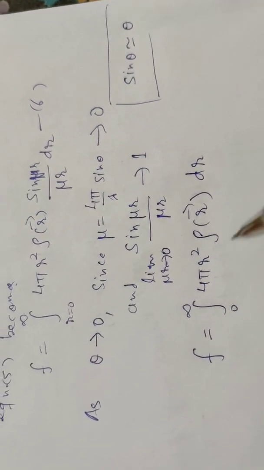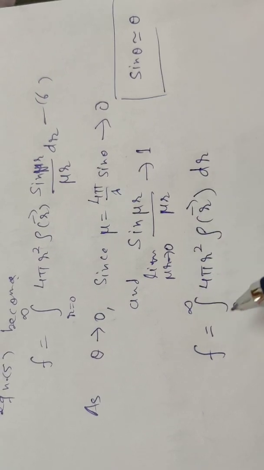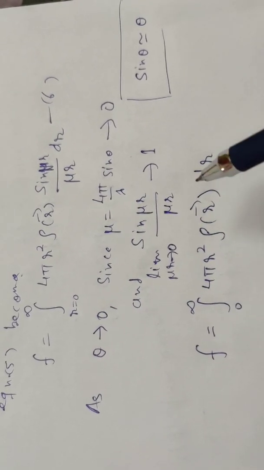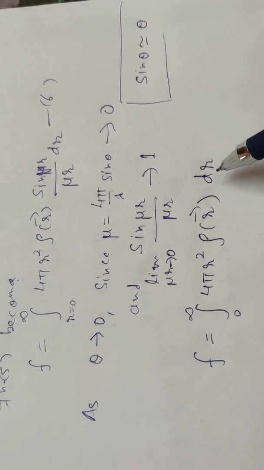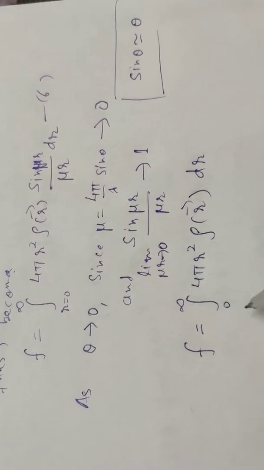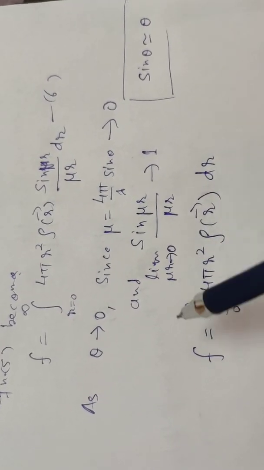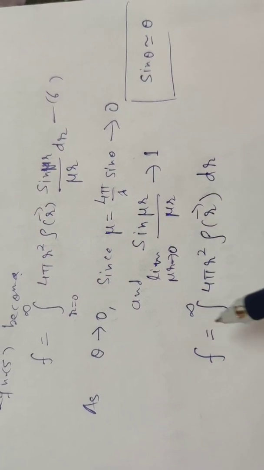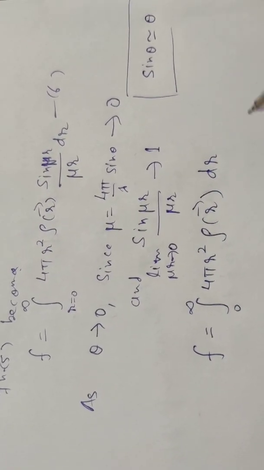So this is nothing but the charge in a spherical shell of thickness dr and radius r, so thus this integration will be equal to the total charge in the atom, or the number of electrons, that is Z in the atom.